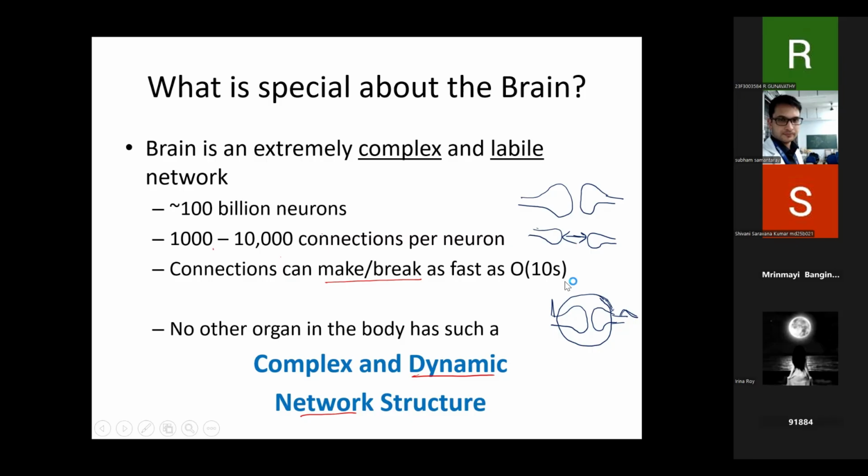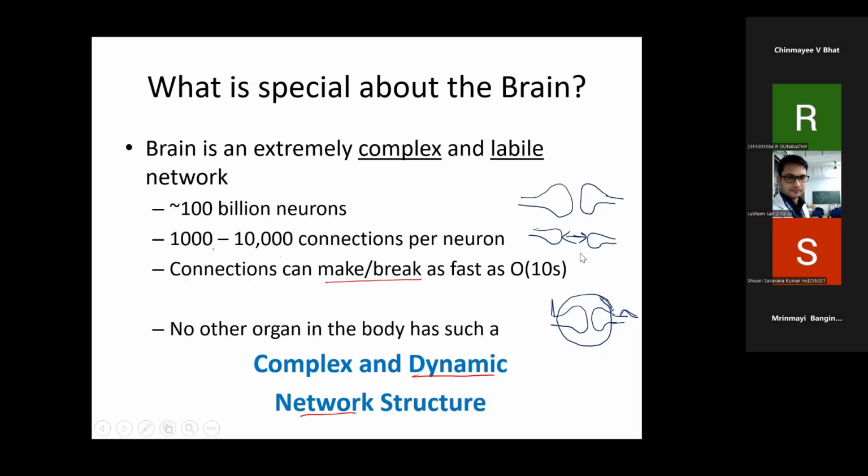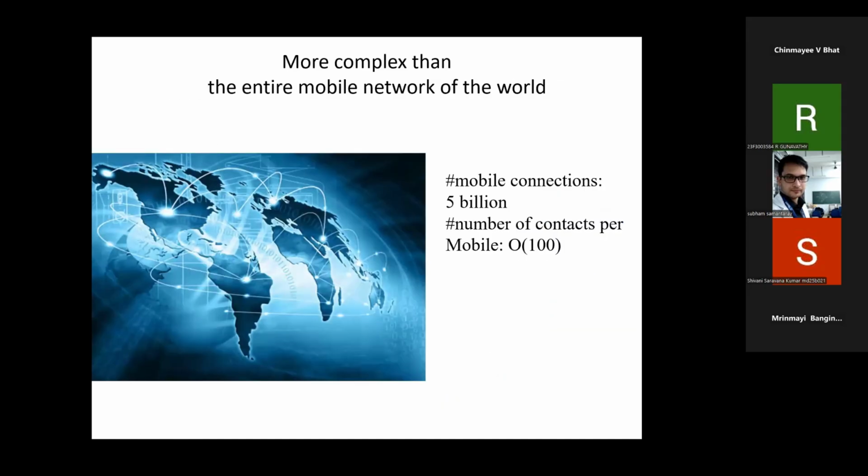So whenever you learn new things or forget old things and so on, these changes are happening constantly at the level of your synapses. That can happen on the order of tens of seconds. There's another kind of synaptic change which happens even faster, at the millisecond level, which is just a functional change in the connection. That is, the connection is physically there, but its strength can change with time, and that can happen over the time scale of milliseconds.